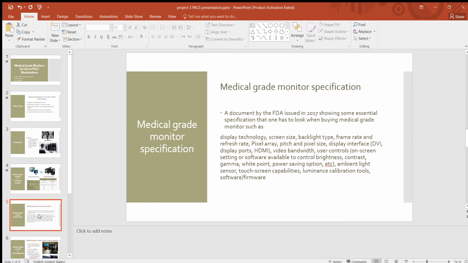So when purchasing a medical grade monitor, what exactly are the parameters that we should look at?